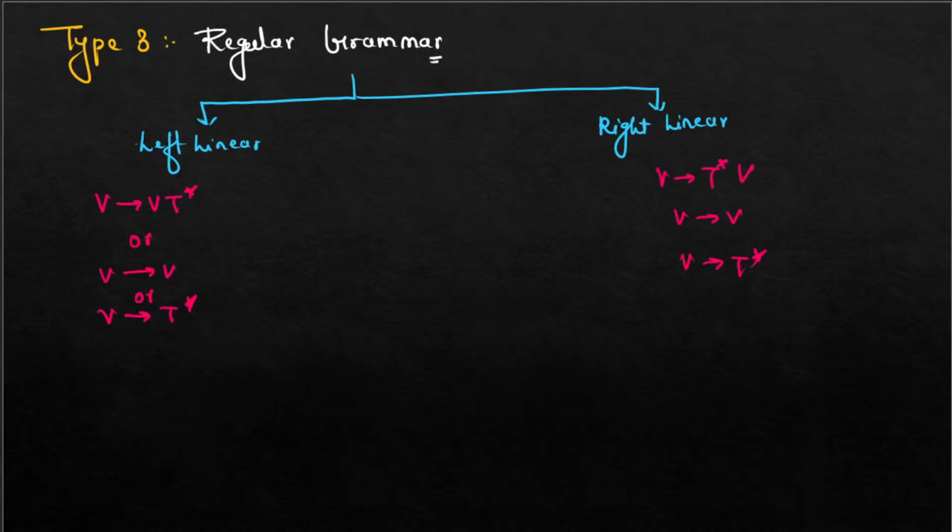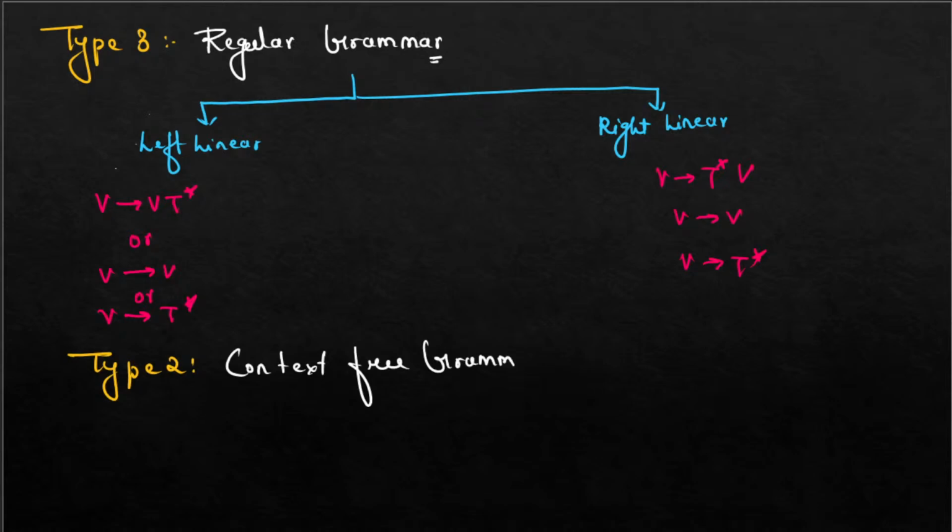Alright, now let's discuss Type 2, which is context free grammar, CFG. It is V deriving (V union T) star, where V is a single variable, so a single variable defines anything.